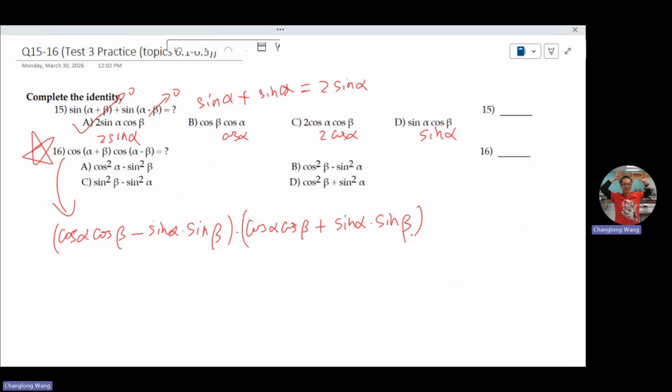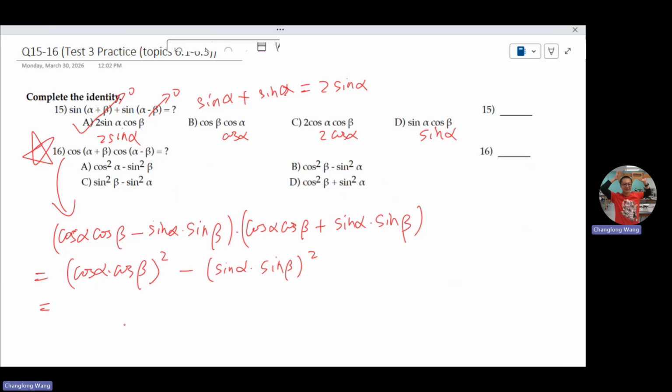When you expand it, you get only two terms, right? The first term is a squared, the second term is b squared, and they're subtracting. So why don't you just take that pattern and realize we have the first term, I need to square the whole thing. Cosine alpha cosine beta, they're multiplying, entirely gets the second power, minus the second term, sine alpha times sine beta, entirely squared.